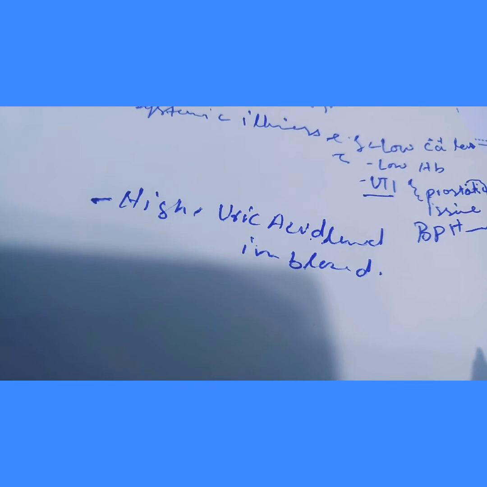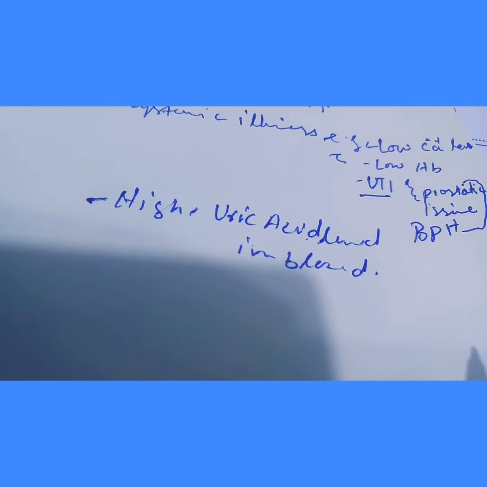In females, we can also say that any problem with the ovary, like an ovarian cyst, or any problem with the uterus can also cause low back pain in female patients. So that can also be a cause of low back pain in female patients.